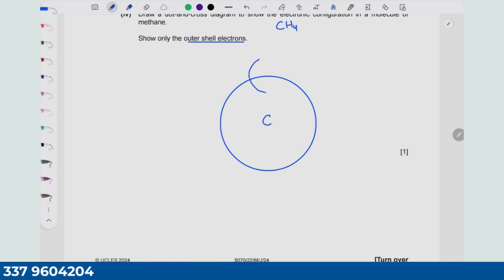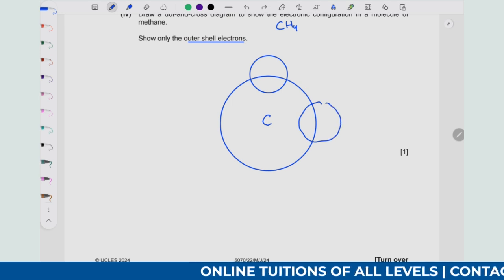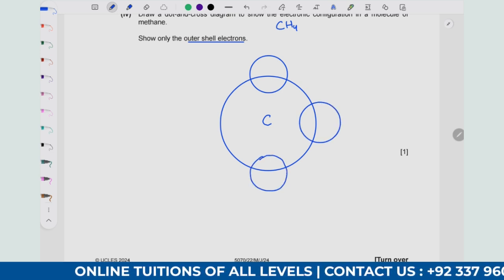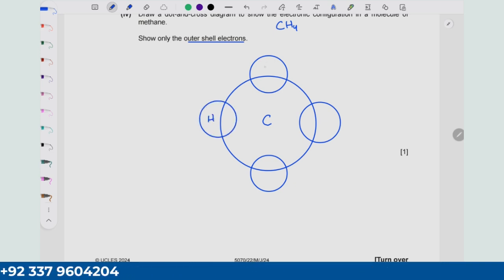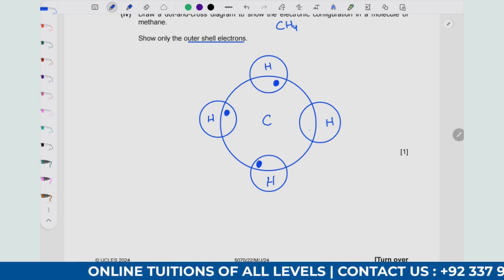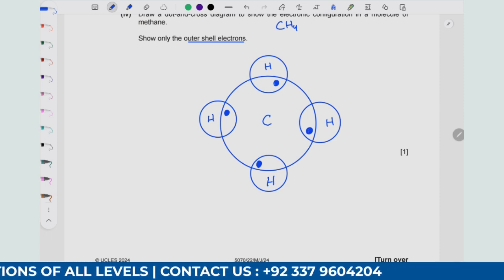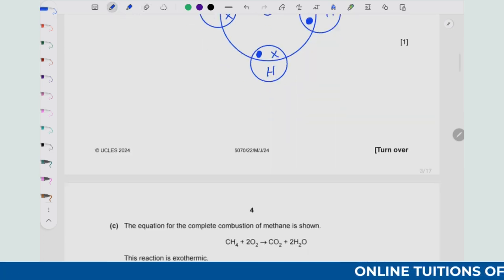So let's draw 4 hydrogen over here, so that will be our 4 hydrogen bonded to our carbon. Let's make the carbon electrons as dots and hydrogen electrons as crosses. So that will be our dot and cross diagram for the molecule of methane.